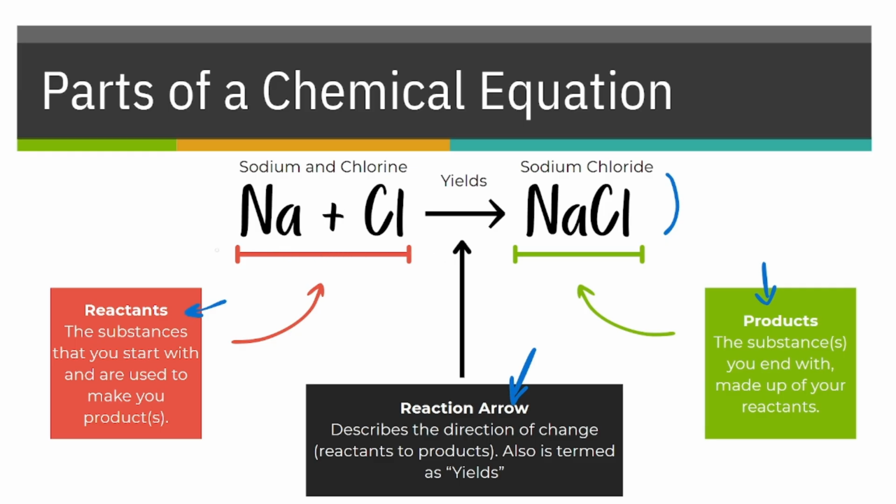We had to have two individual ingredients, our two elements, sodium as well as chlorine, as they are combined together through what's known as a synthesis reaction, we create our final compound. We create that structure known as sodium chloride.